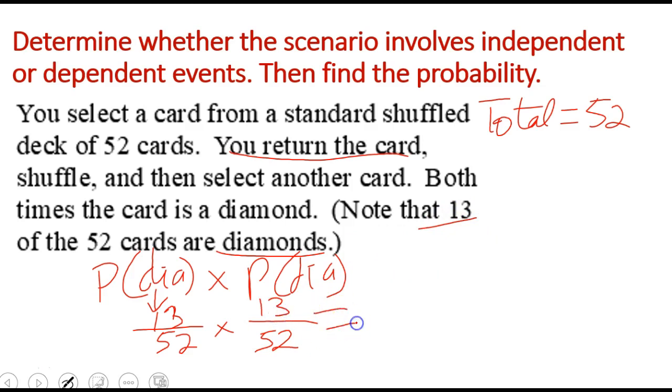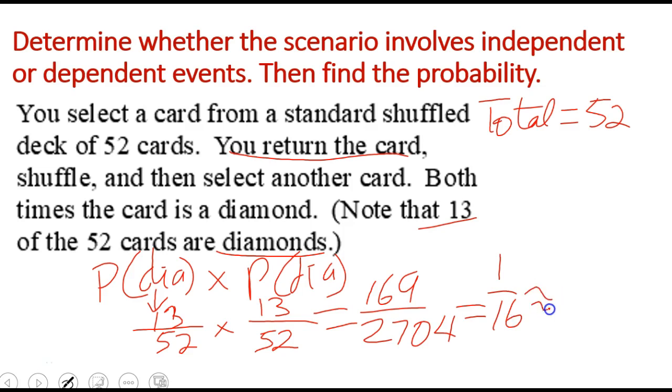We multiply those and get 169 over 2704, which simplifies to 1 over 16, approximately 0.063. Did the probability of the first one affect the second one? No, because the card was returned, so this is an independent event also.